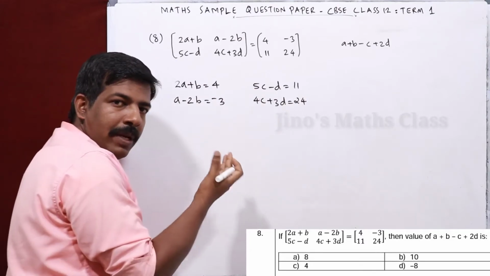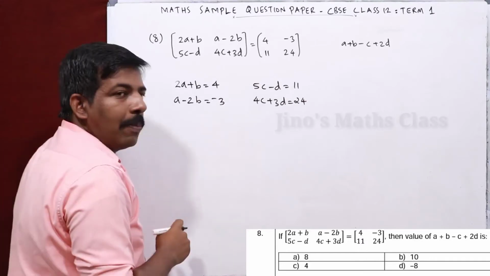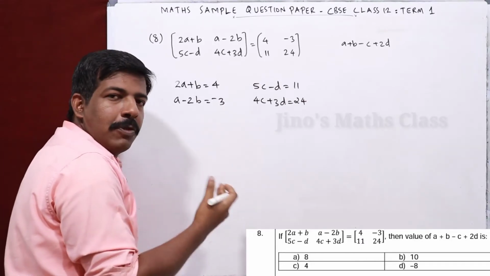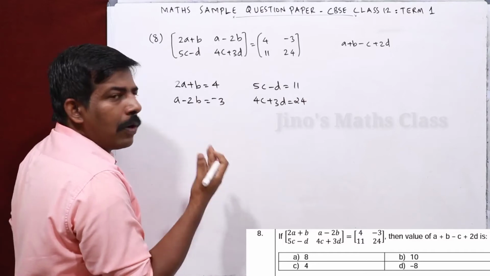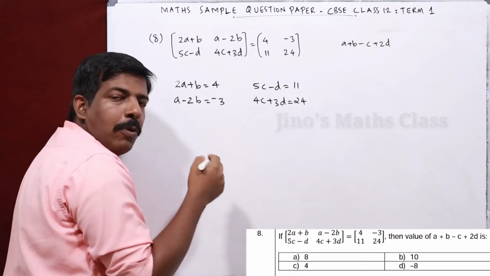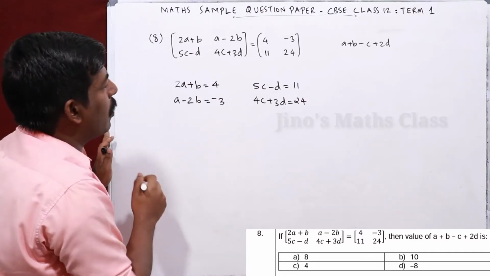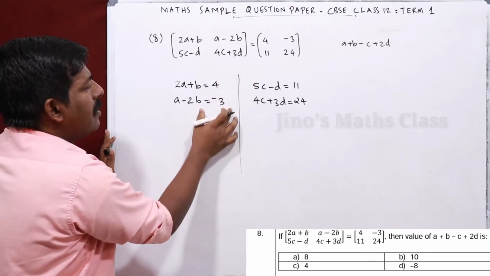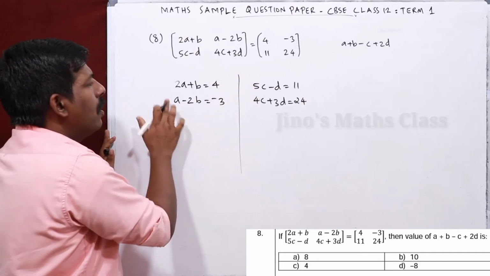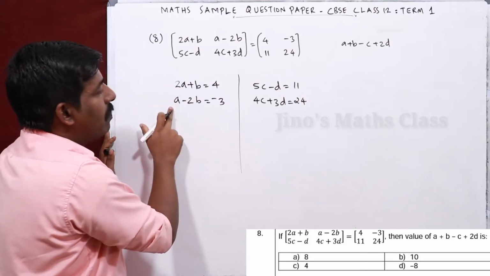We know the methods to find the variables. Either we can use substitution method or elimination method or cross multiplication method. I am going to apply elimination method only here. So for that I am multiplying the second equation with 2 to make the coefficients of A the same.